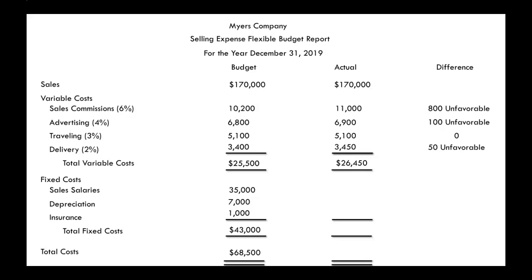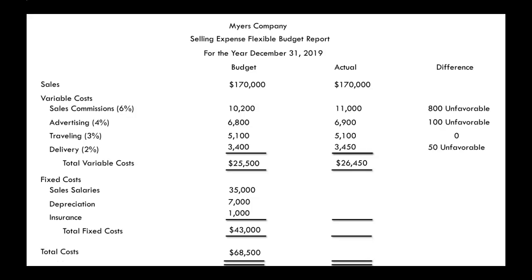Now, a few different ways that we can figure out what goes over into the difference column here. We could take the difference between our total variable costs for our budget versus our actual, or we could look at the 4 differences that we already have. We have 800 unfavorable, we have 100 unfavorable, and we have 50 unfavorable.